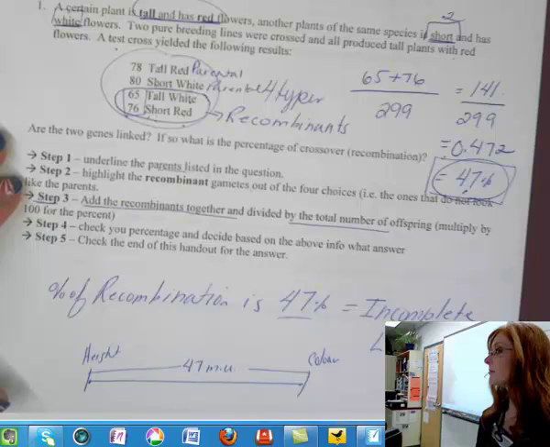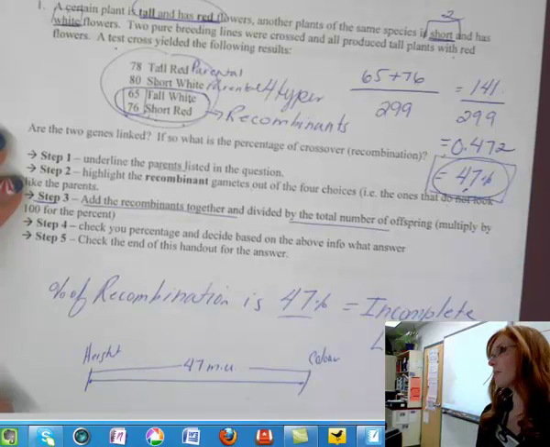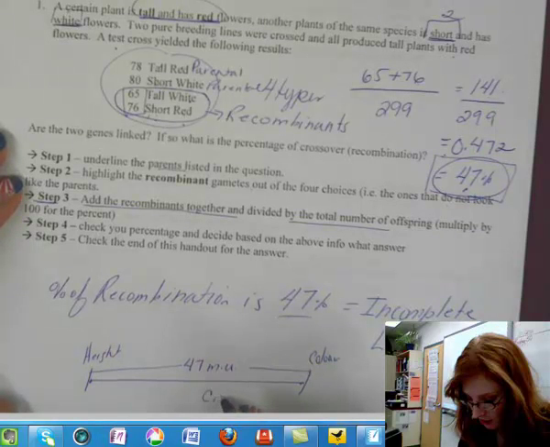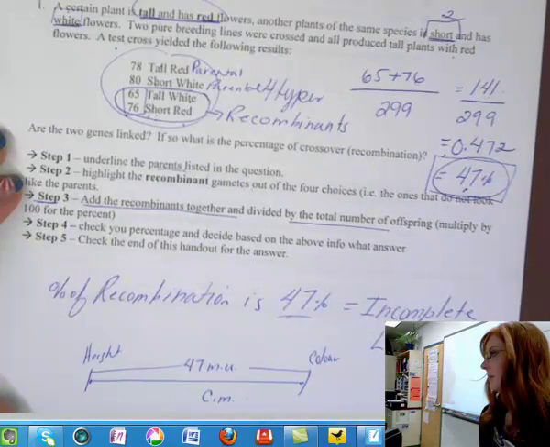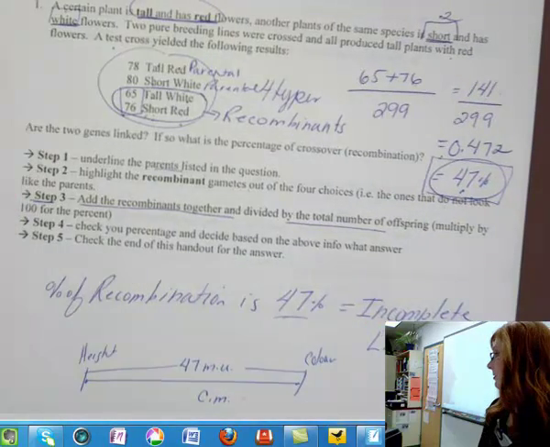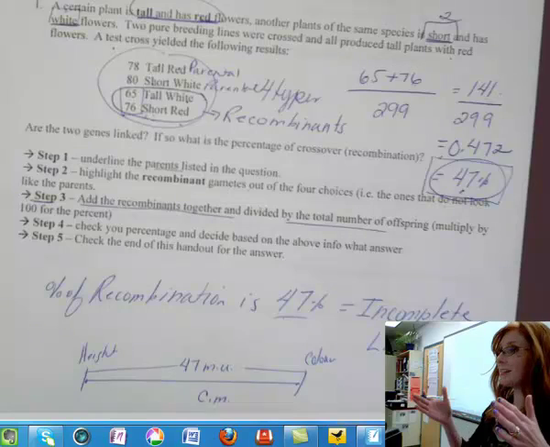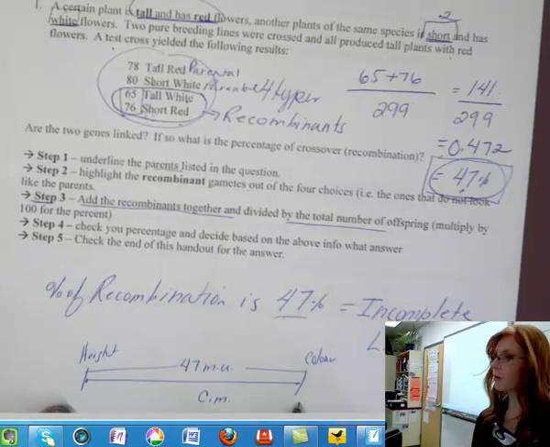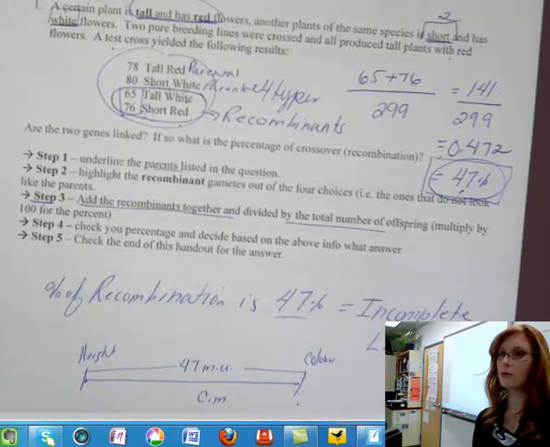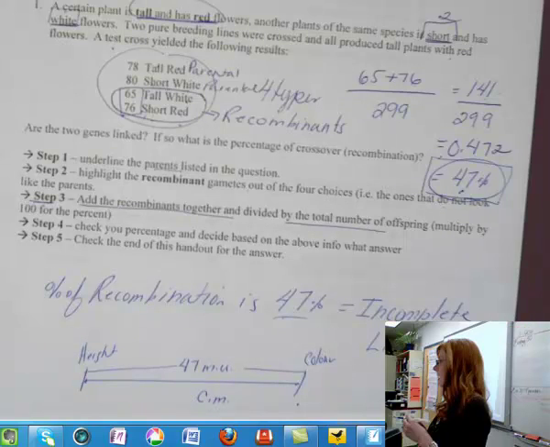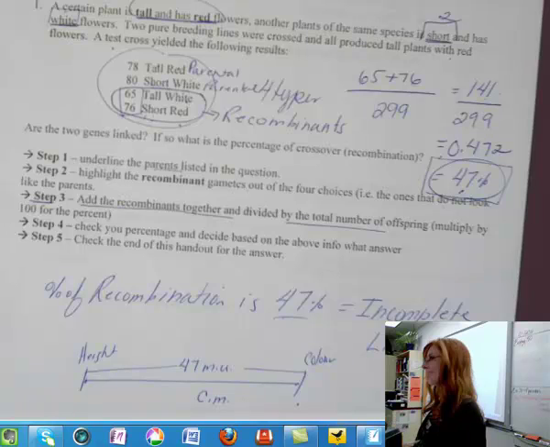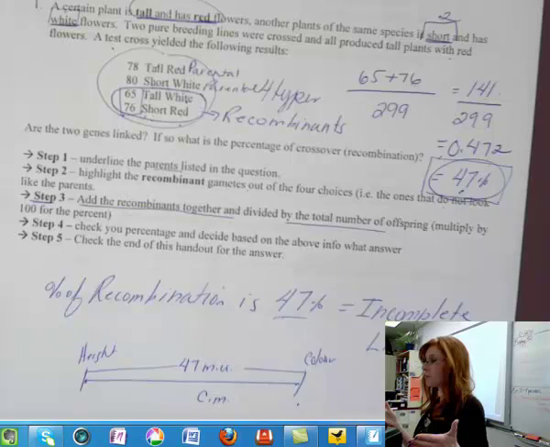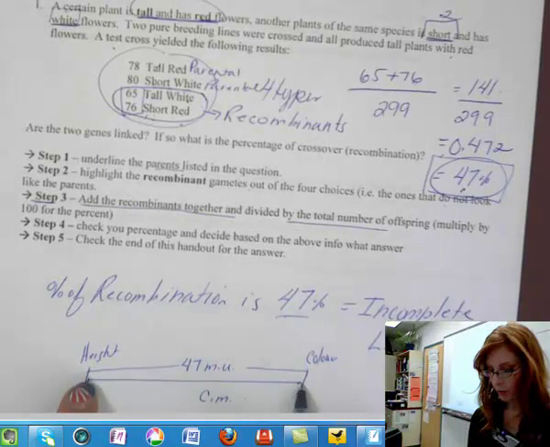Thomas Morgan. Centimorgans. So if you see anything that says CM, centimorgans refers to that distance apart on a chromosome. Now centimorgans are not a direct translation into centimeters apart. A map unit is a way to provide a proportion for that. So they are 47 map units apart.